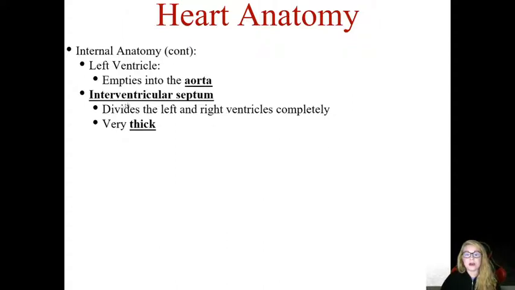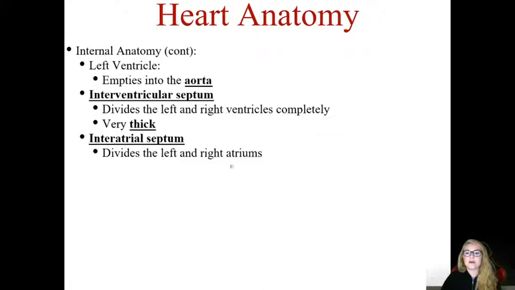Okay, and again, much like the ventricles themselves, the ventricles are much thicker than the atria, and the same is true for the septum for each, because the interatrial septum is much thinner than the interventricular septum.